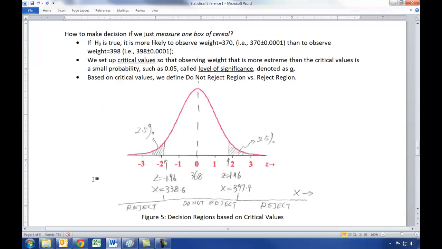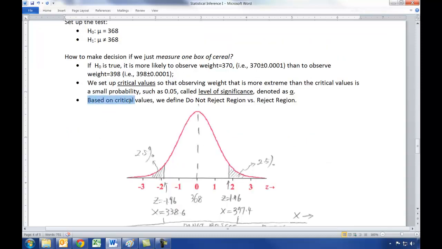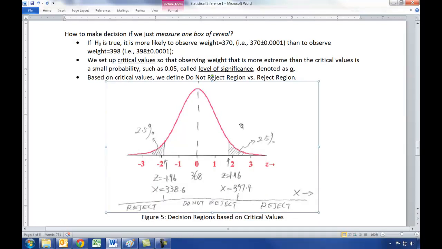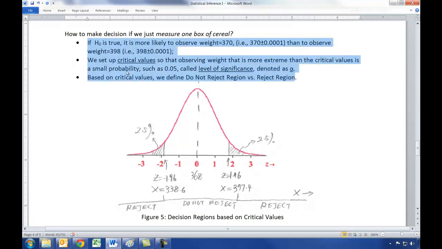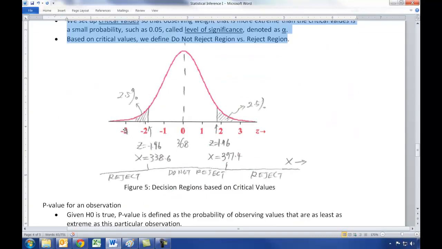Based on the critical values we set, we can now define the two regions. One is called the do not reject region. The other one is called the reject region. We will use this graph to show what these all mean and how to make a decision.